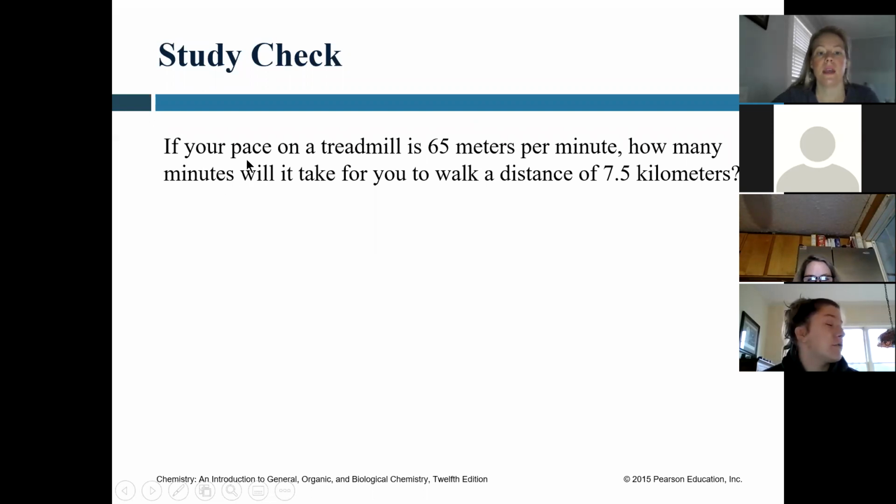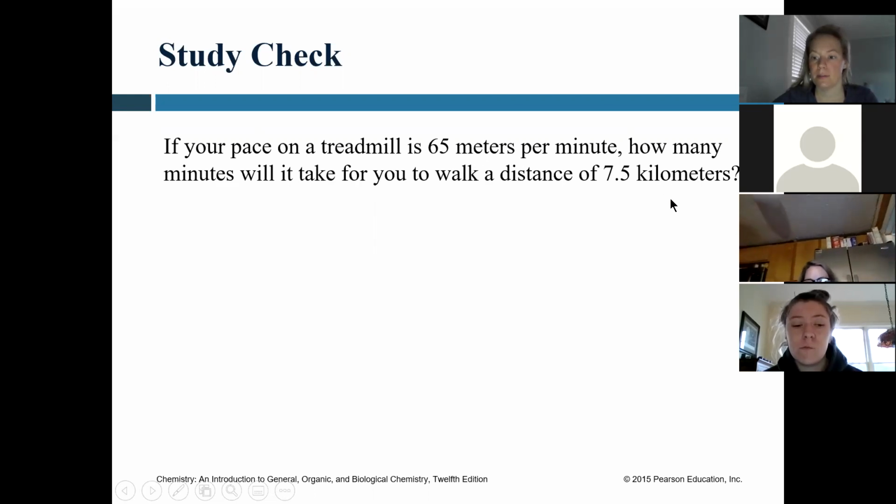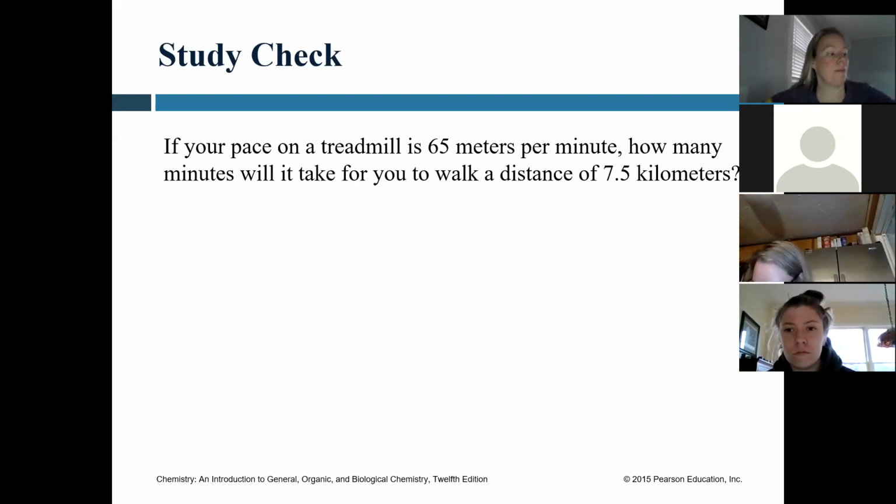Here, you guys work on this one. If your pace on a treadmill is 65 meters per minute, how many minutes will it take for you to walk a distance of 7.5 kilometers? And I want you to try and set this up using dimensional analysis, okay? A little assistance here.